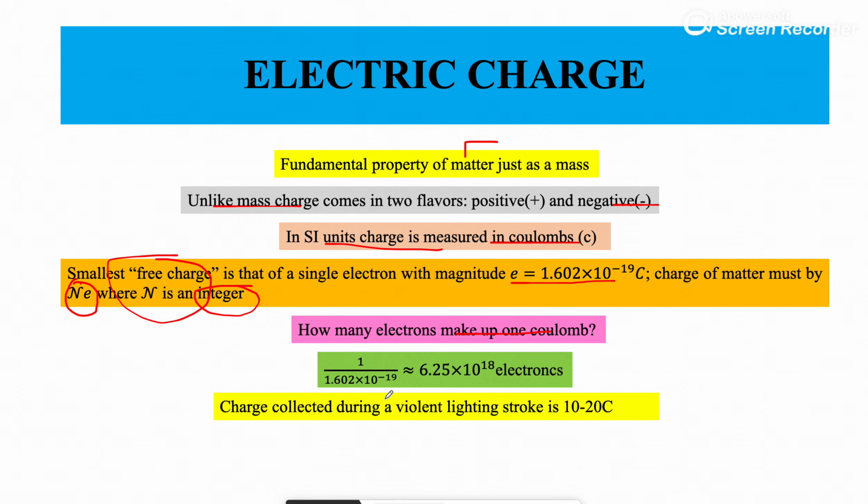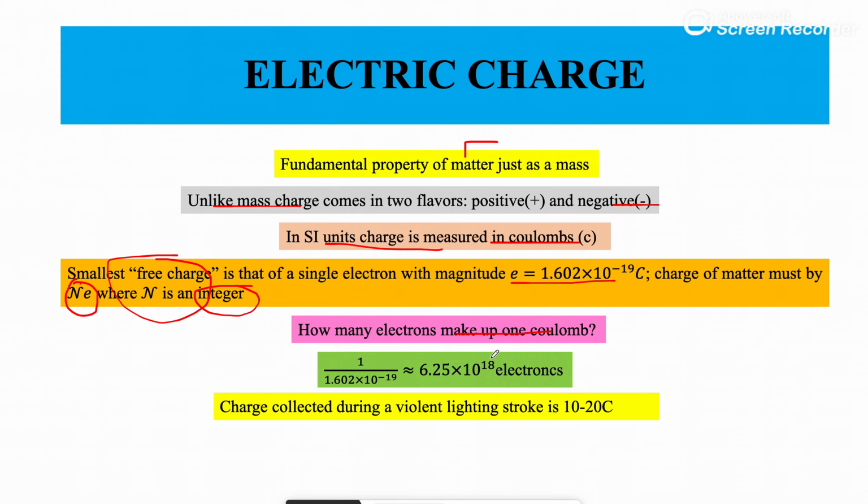Note that here I am only looking at magnitude, because electrons are particles, so we don't have to consider their number as negative. The charge on an electron is negative, but the electron itself is a number out there for us. So 1 divided by 1.602 times 10 to the power minus 19 turns out to be 6.25 times 10 to the power 18.